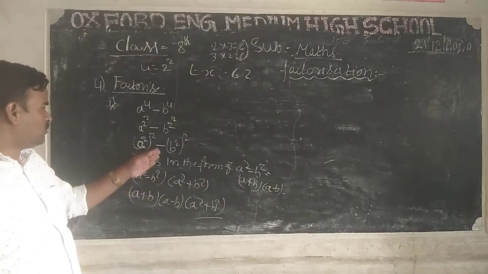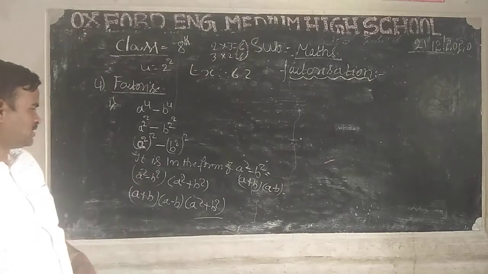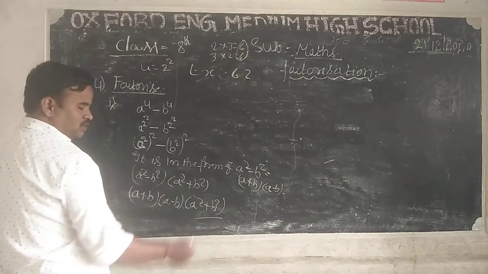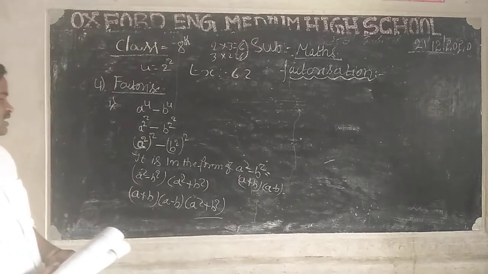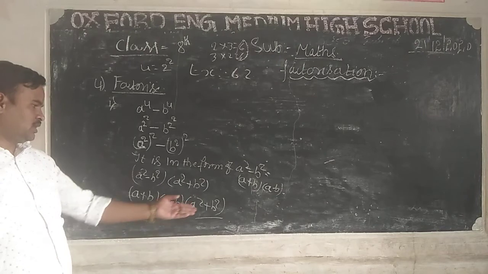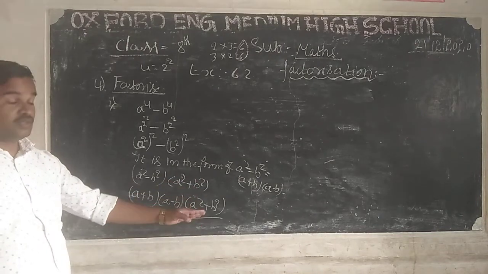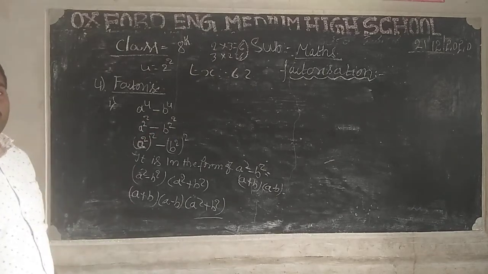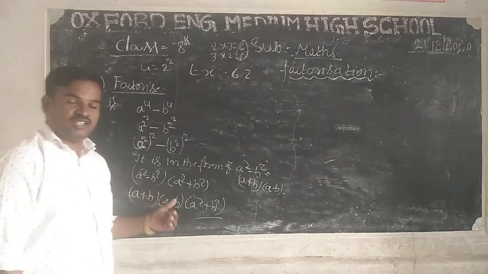So we expand a square minus b square, and again a square minus b square gives a plus b into a minus b, with a square plus b square remaining. So these are three factors of a to the power of 4 minus b to the power of 4. Do you understand, dear students? Okay.